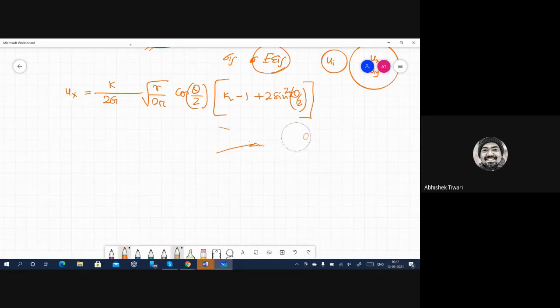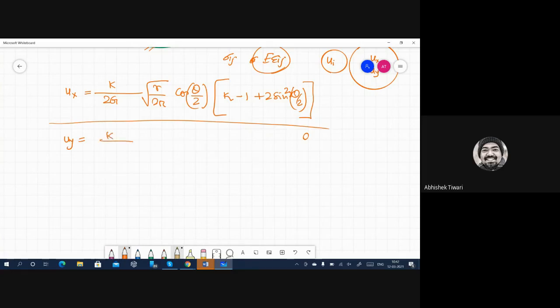But forget about it. We are ensuring that T stress is 0, and we follow this equation for ux, and a similar equation for uy.